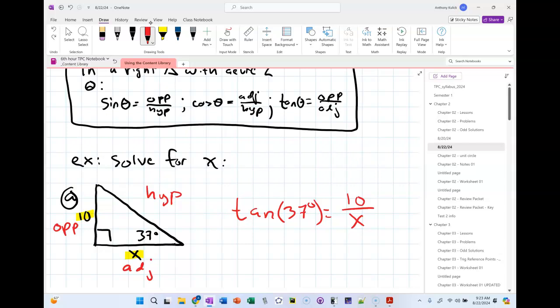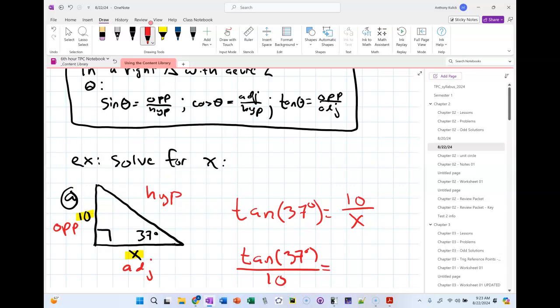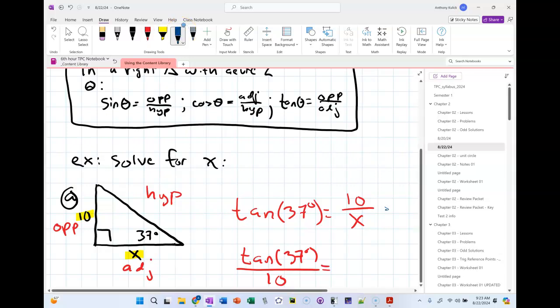Okay, so we can divide by 10. So I'll write that. Now, what is left on the right-hand side after we divide by 10? Not x. Oh, 1 over x.